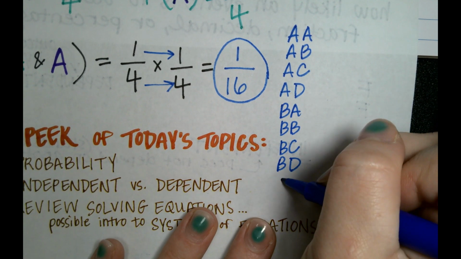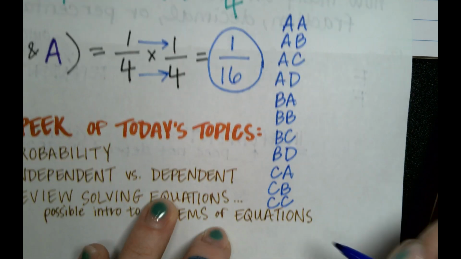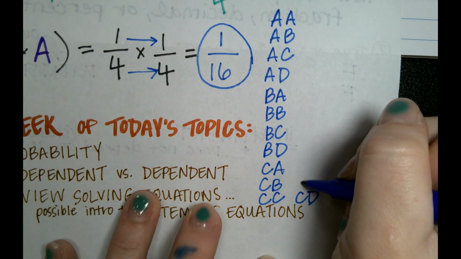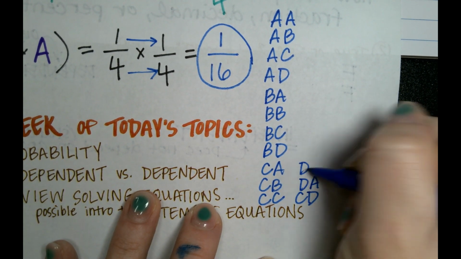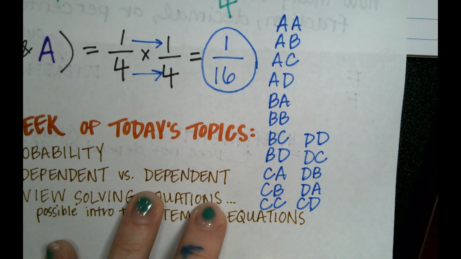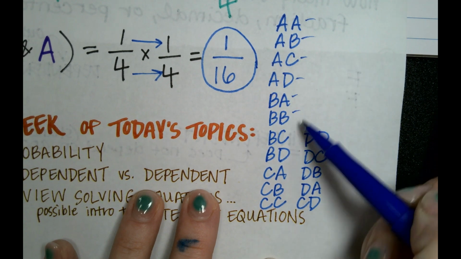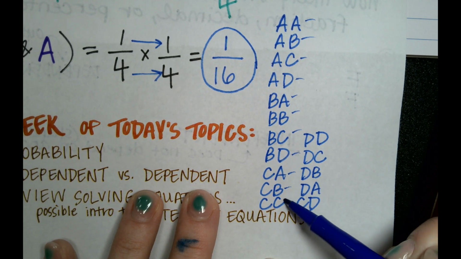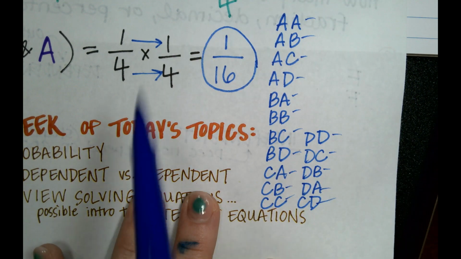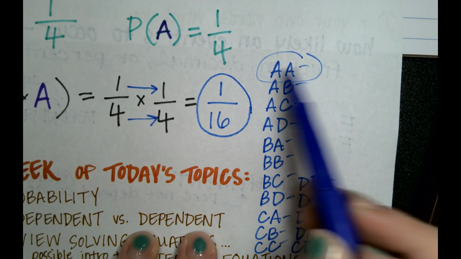What if I spin C first, then A, C, then B, C, then C, C, then D. And then finally I could spin D first, then A, D, then B, D, then C, D, then D. And let's see, that's 1, 2, 3, 4, 5, 6, 7, 8, 9, 10, 11, 12, 13, 14, 15, 16. There are 16 possible outcomes here. Only one of them did I spin A twice in a row.